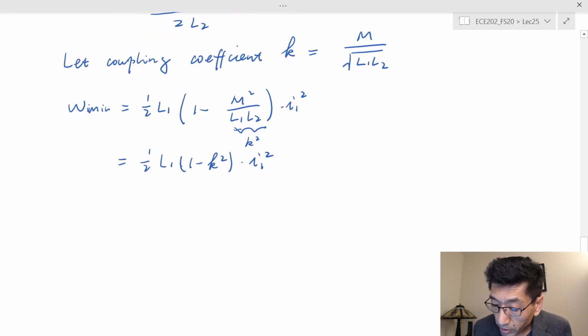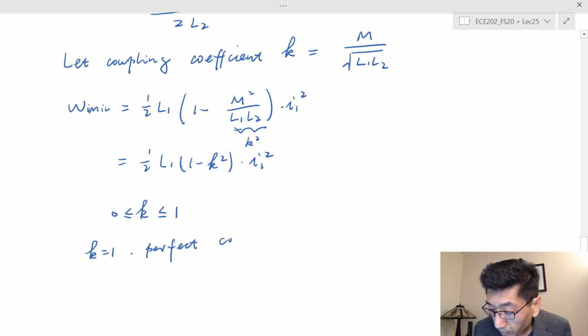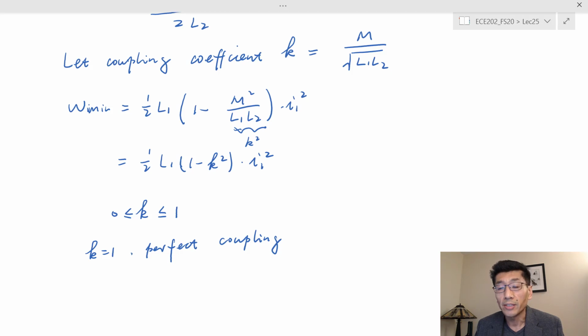Based on this, we should be able to see that k should be greater than 0 and less than 1, right? When k equals 1, that means perfect coupling. As we will see, in the ideal transformer, perfect coupling means there is no leakage flux, so all the flux is going to be linking the other winding.